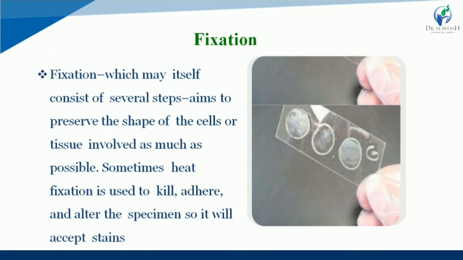So what is the role of fixation? The aim of the fixation method is to preserve the shape of cells as well as tissue that are involved as much as possible. Various types of fixation occur. Sometimes heat fixation is used. Why is heat fixation used?